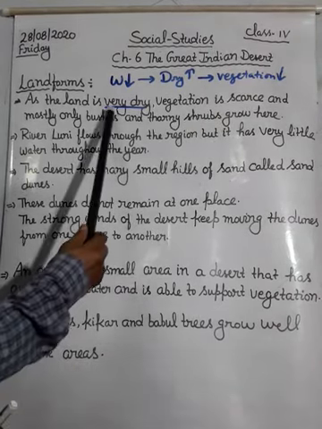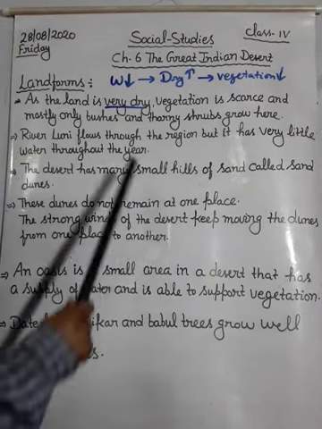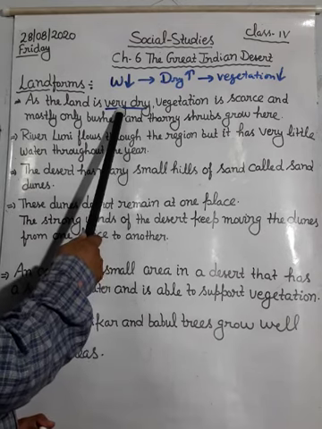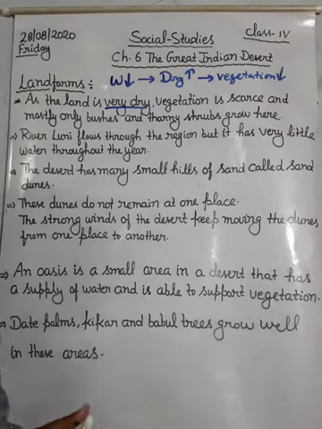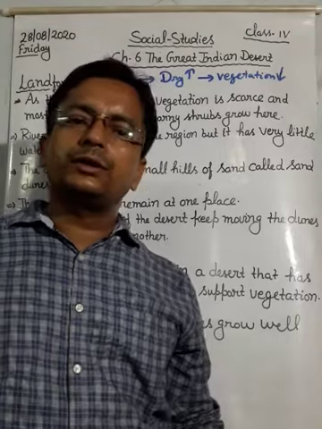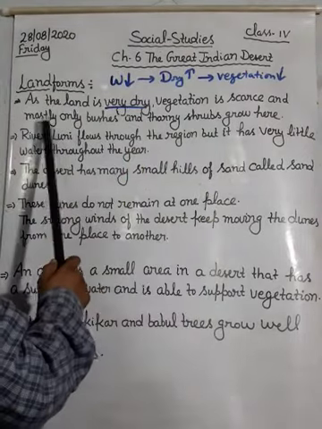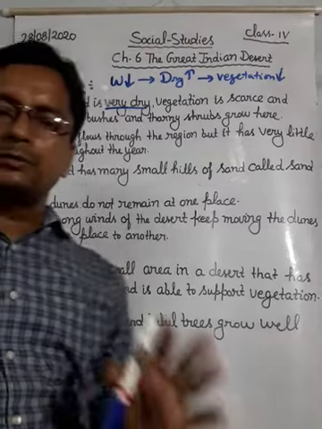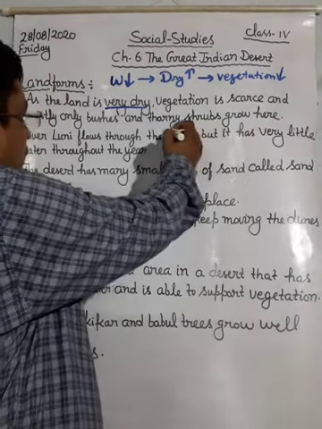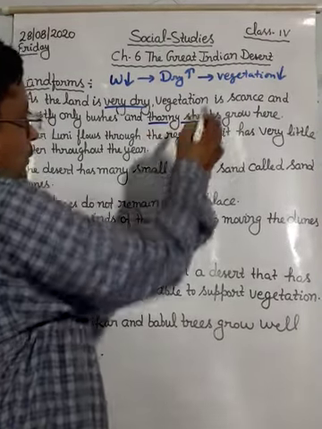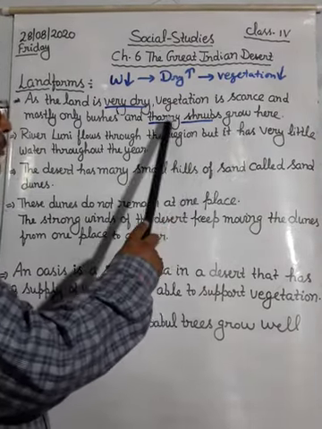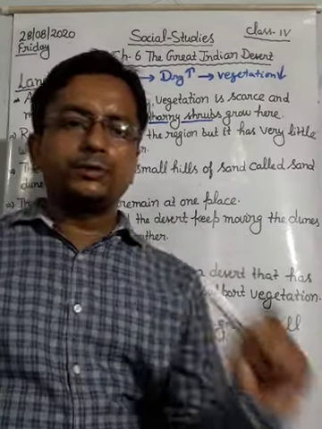In the Great Indian Desert, where there is very little rainfall, the land is dry and vegetation is scarce, meaning very little land is suitable for vegetation, and mostly only bushes, मतलब होता है बेटा झाड़ियाँ, bushes and thorny shrubs grow. Thorny मतलब कटीली झाड़ियाँ, thorny shrubs grow there, means जो पौधे होते हैं वहाँ पे कटीले जमते हैं.